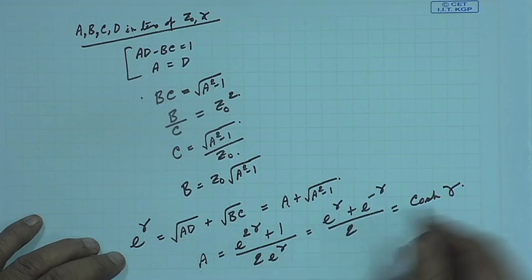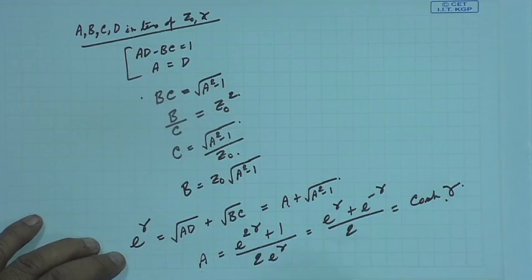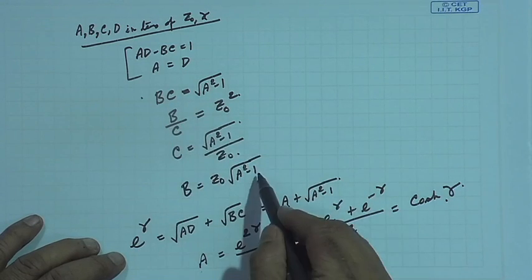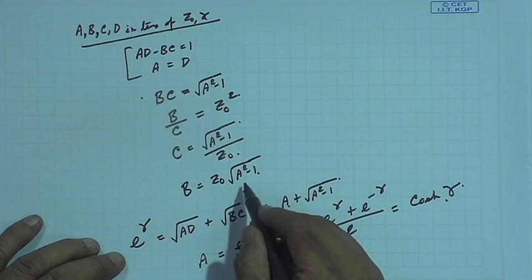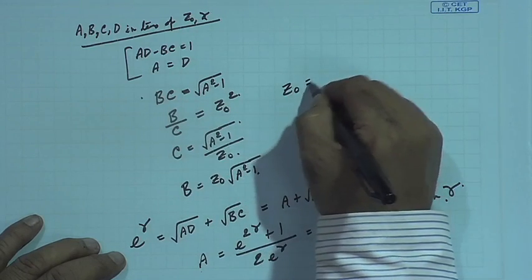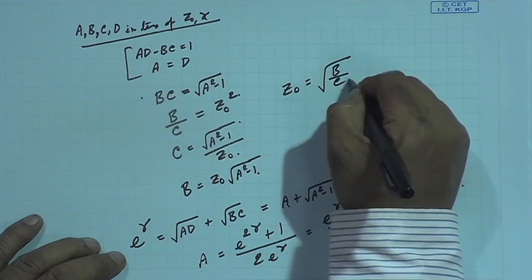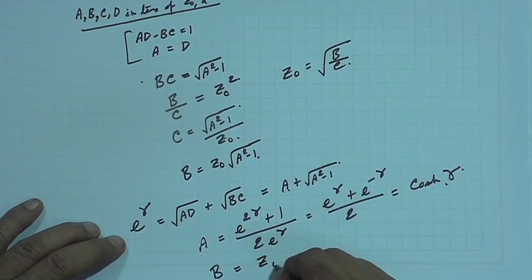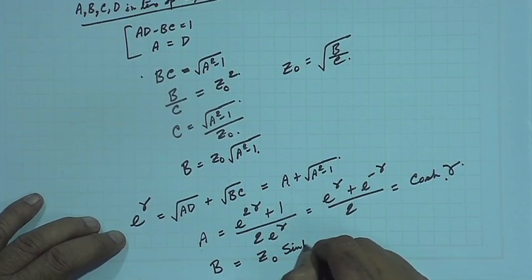So, A is nothing but cos hyperbolic gamma. Now, B is already expressed in terms of Z0, and this Z0 value you know, let me write Z0 is root over B by C. So, you can solve and see that B will be equal to Z0 sin hyperbolic gamma.